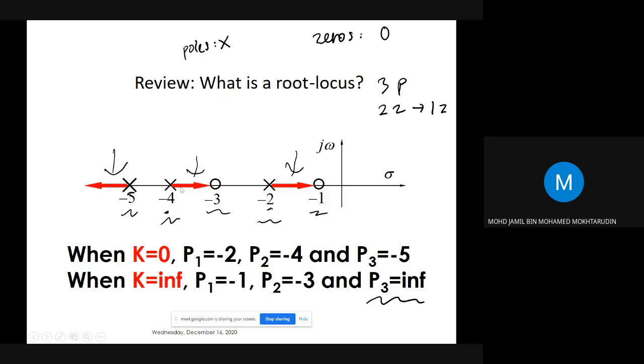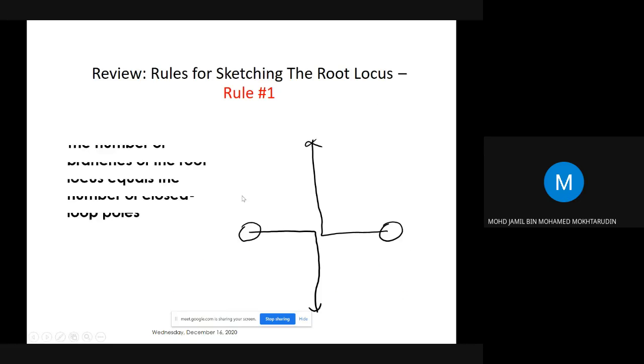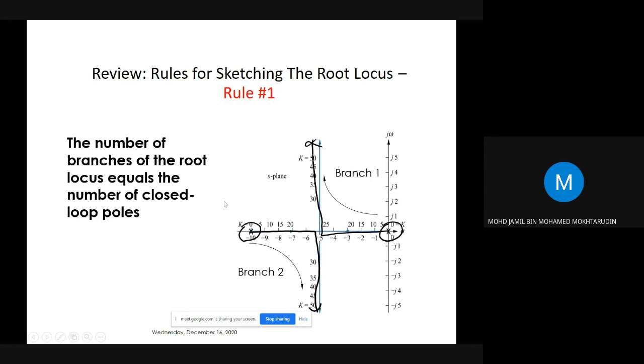The second one is this red arrow, and this is the third one. So there are 3 branches of the root locus. Okay, so always remember that the number of branches equals the number of poles or zeros, whichever the most. Okay, so let's say you have 4 zeros but 3 poles, so the number of branches is 4. Okay.